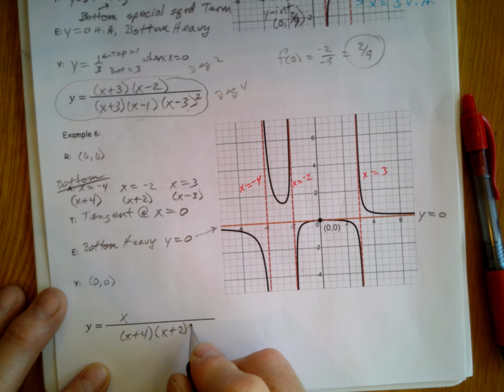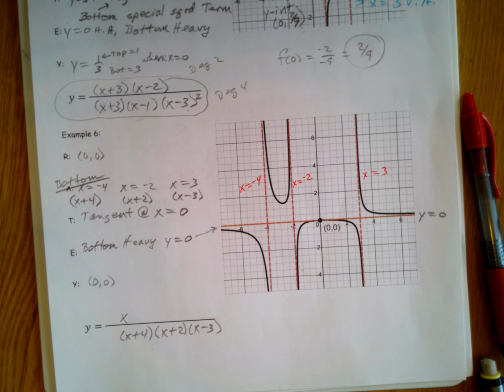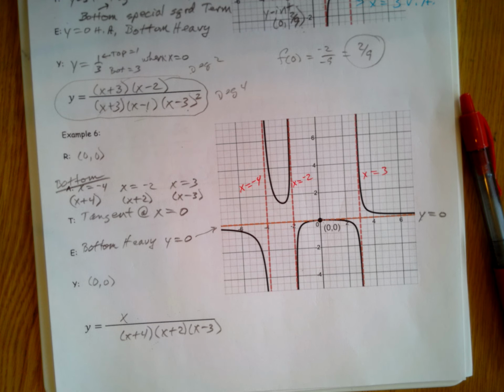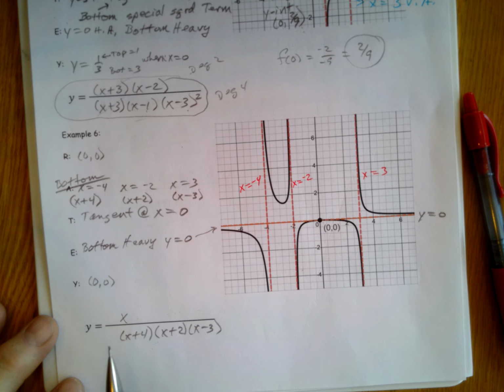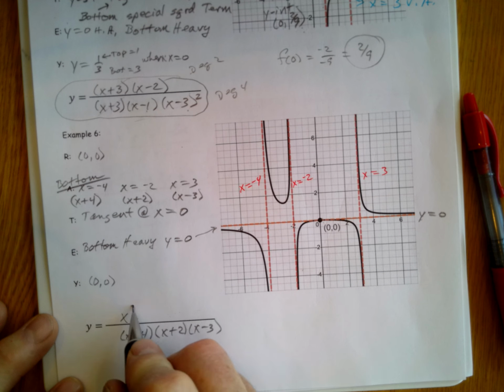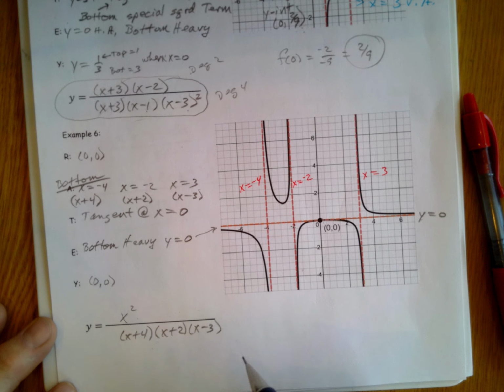Okay? All right. Now, keep going. I got a root at x equals 0. Okay. I have a tangent there. That has to be x squared because it's tangent. All right, I'm thinking.